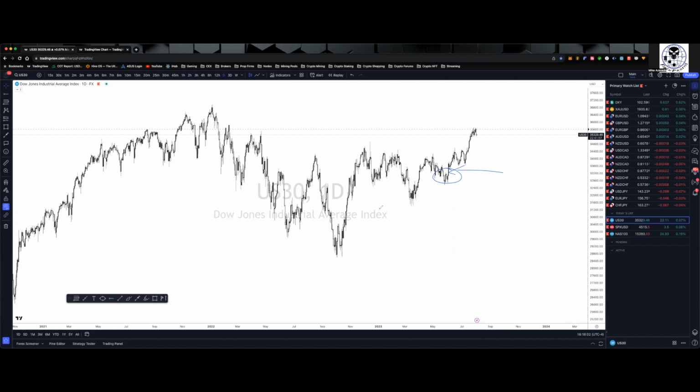And I honestly think we're probably going to take these lows out and come down into here. So we may even see a sub 30,000. That's kind of what I'm going to be looking for. We'll see.